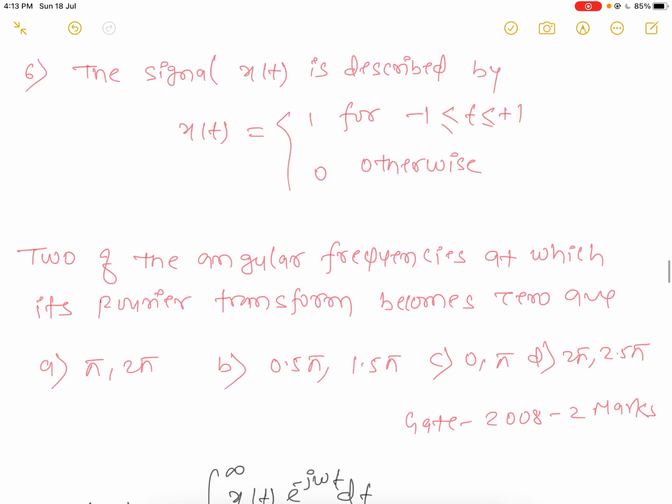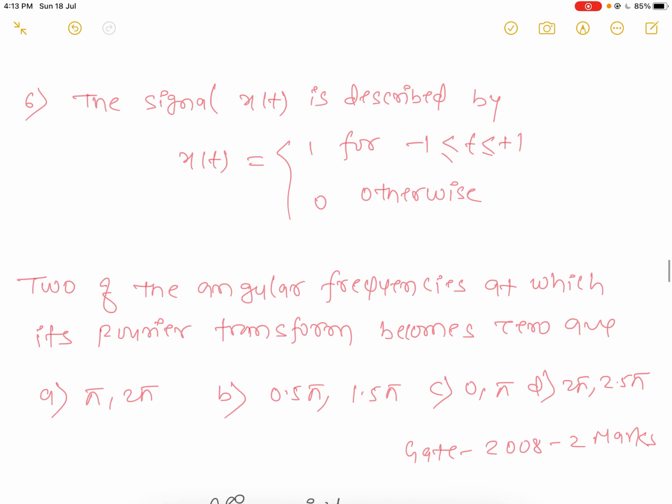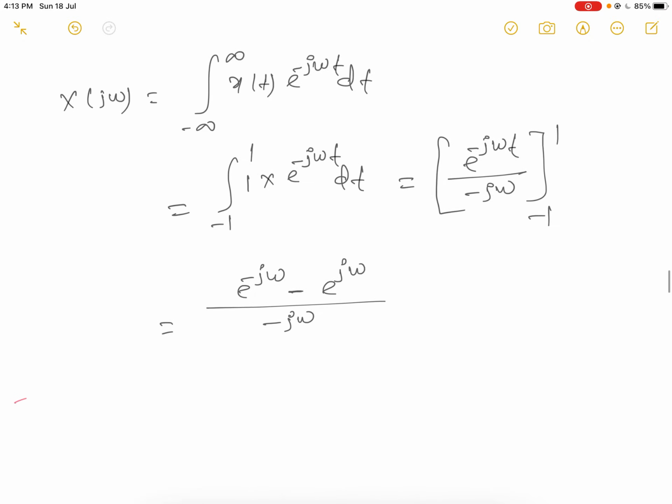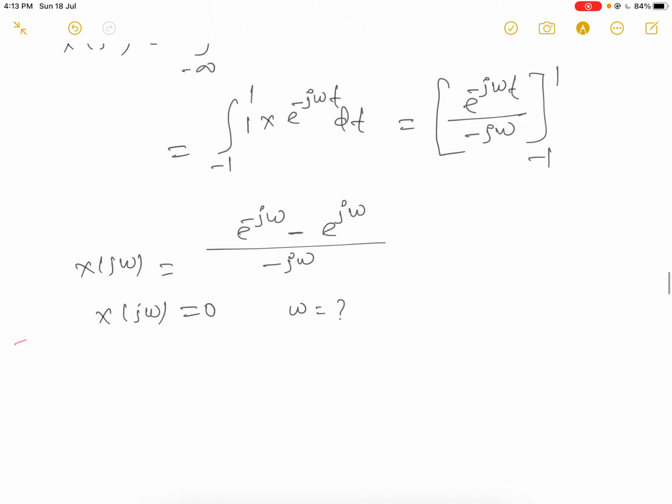Here it is given: two of the angular frequencies at which the Fourier transform becomes 0. We have to find the two frequencies where our Fourier transform becomes 0. So X(j omega) is equal to 0. We have to find the omega where it becomes 0. So let us set this equal to 0: e to the power minus j omega minus e to the power j omega over minus j omega equals 0.